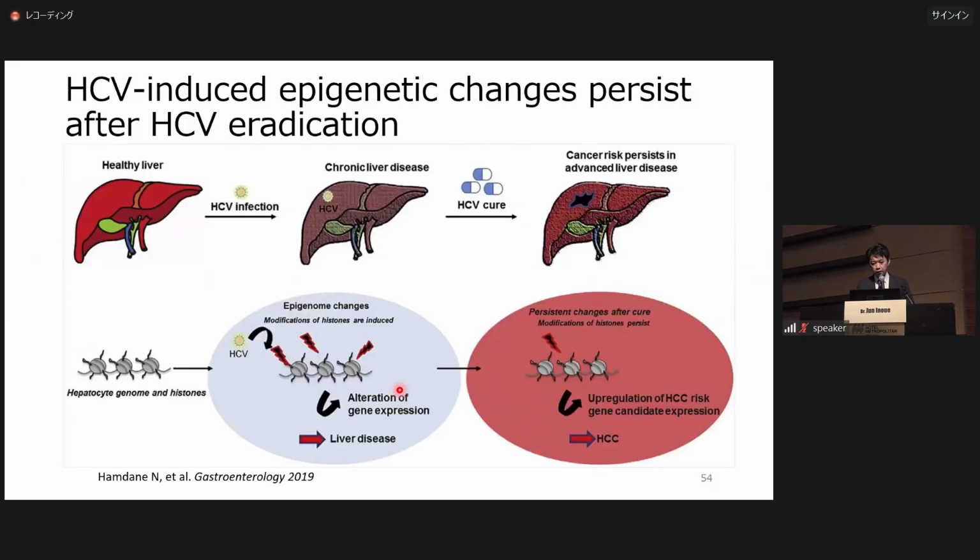So why does HCC develop after SVR? This Gastroenterology paper shows that HCV-induced epigenetic changes persist after HCV eradication. This mechanism is thought to be one of the reasons for HCC development.